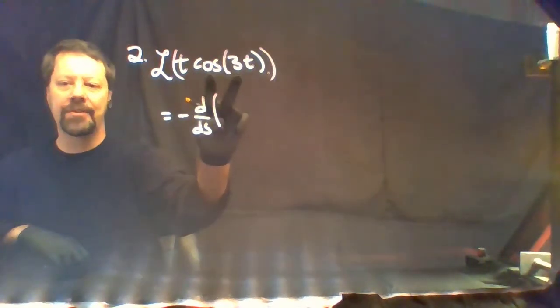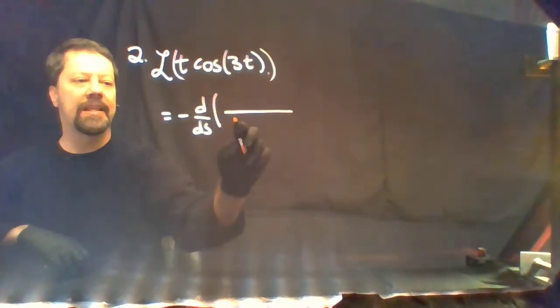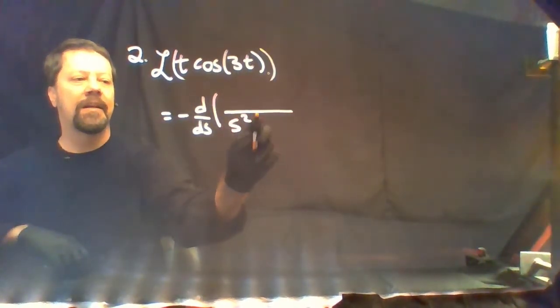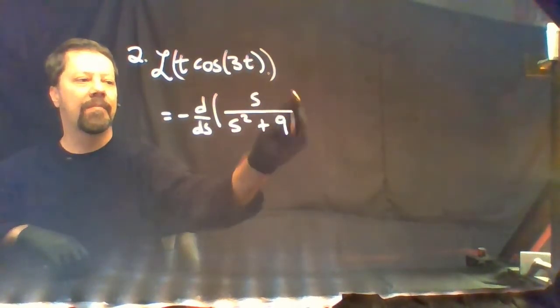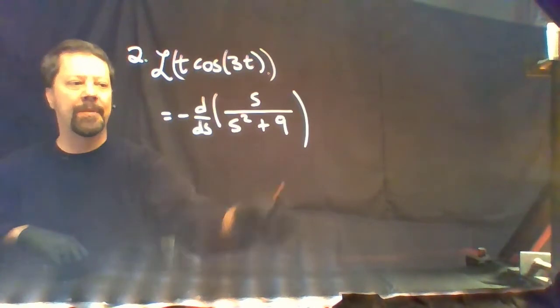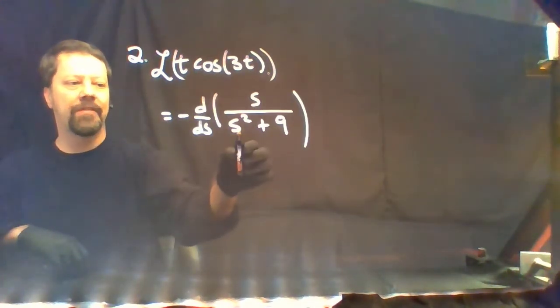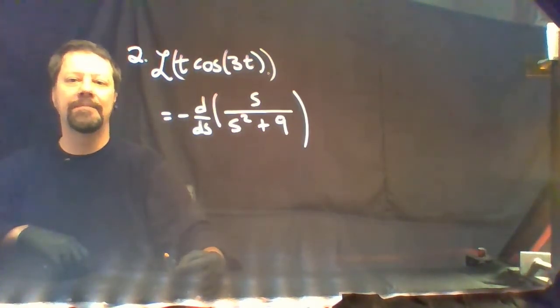The Laplace transform of cosine of 3t is going to be s over s squared plus 9. Remember, it's of the form s over s squared plus b squared.